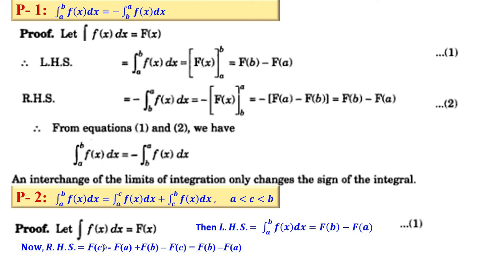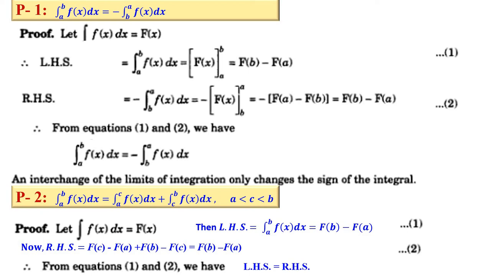So we can cancel these two F of c with the negative sign, leaving F of b minus F of a. So if we name this as equation 2, then from equations 1 and 2 we have LHS equal to RHS. So whenever I have a number lying between these two, I can always introduce that here, so that the integral can be rewritten in this way.